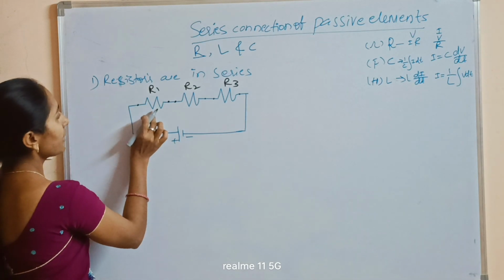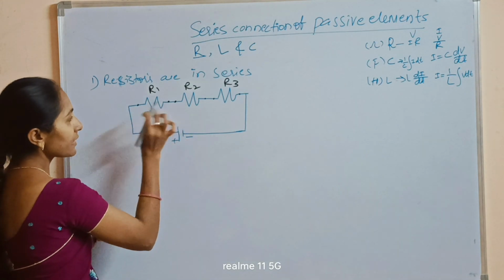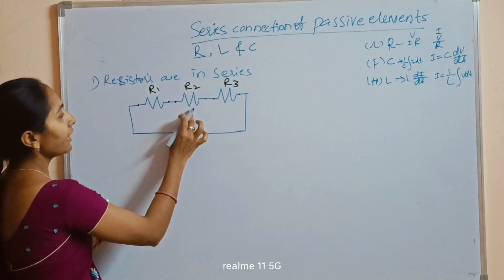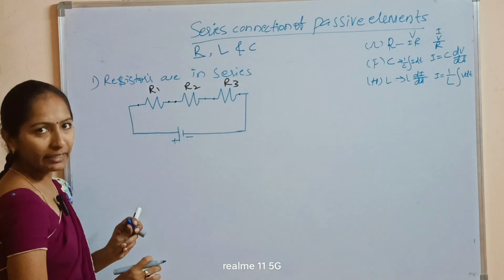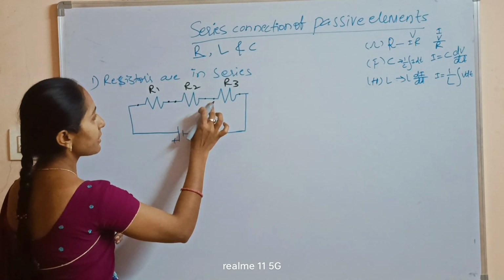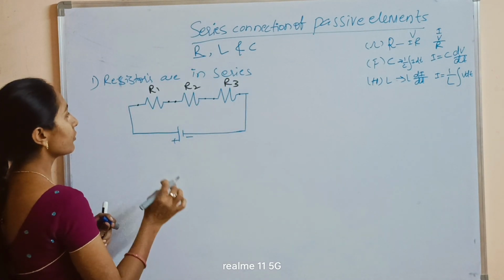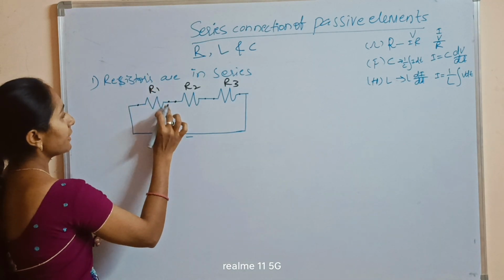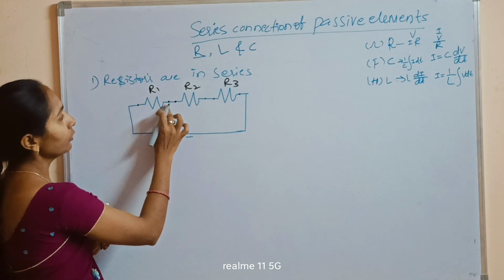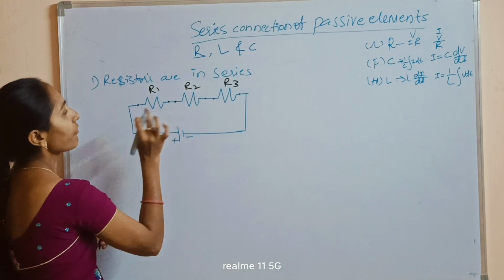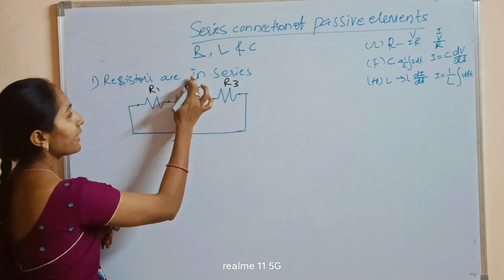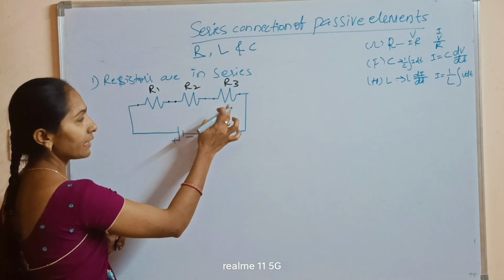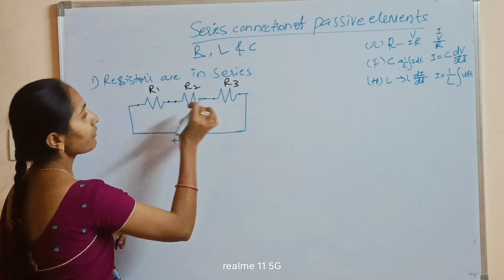First element, first terminal, second terminal. Second element, first terminal, second terminal. Third element, first terminal, second terminal. The first element's second terminal is connected to the second resistor's first terminal, and the second resistor's second terminal is connected to the third resistor's first terminal.